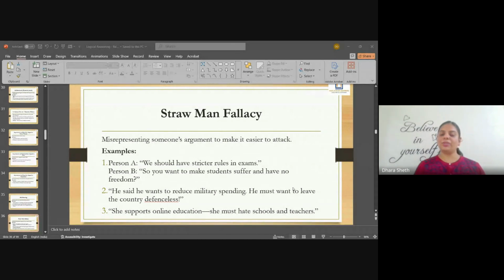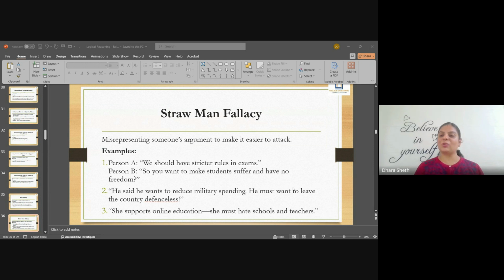He said he wants to reduce military spending. He must want to leave the country defenseless. Reducing military spending does not mean the country becomes defenseless. Okay? It is misrepresented to show the other person in a bad light, so that now they can be easily attacked. She supports online education.